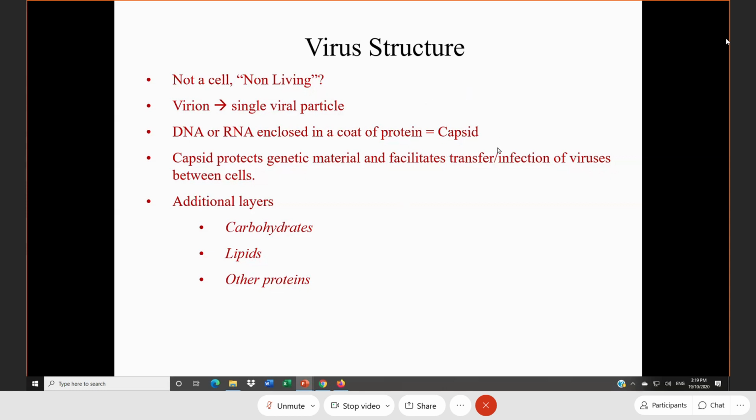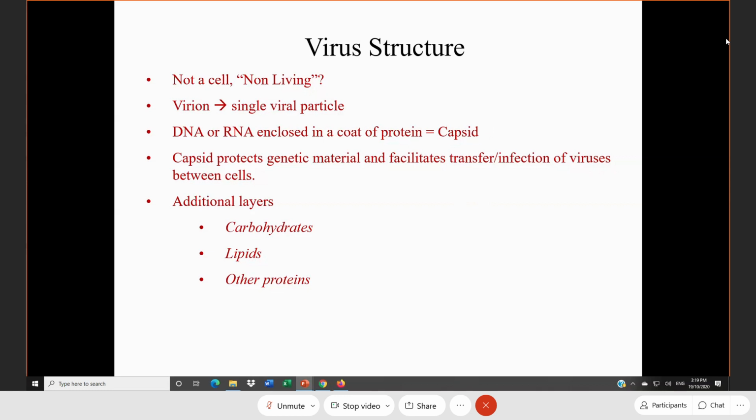The capsid is very important for interaction with the host cells. If there is no interaction between the capsid and the host cell, the virus cannot enter the host cell. That's why not all viruses can infect all hosts.